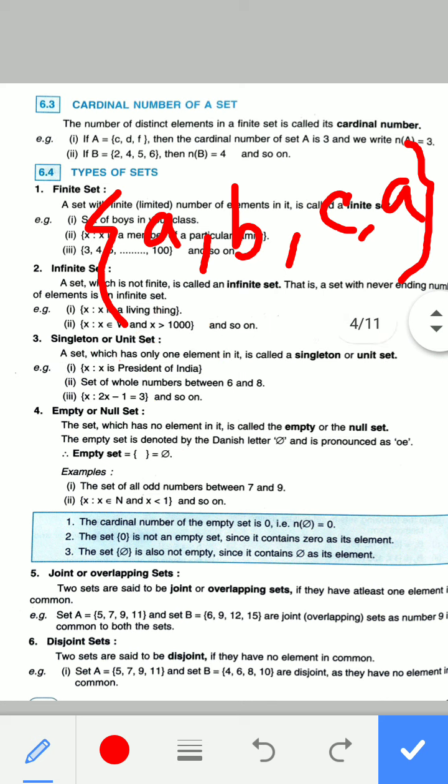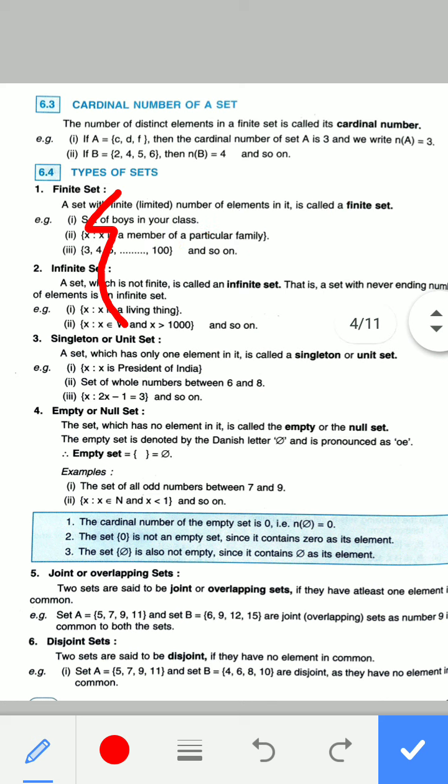Now the second one is finite set and infinite set. If in a set there are a finite number of elements, that is called a finite set, and an infinite set is a set which is not finite.